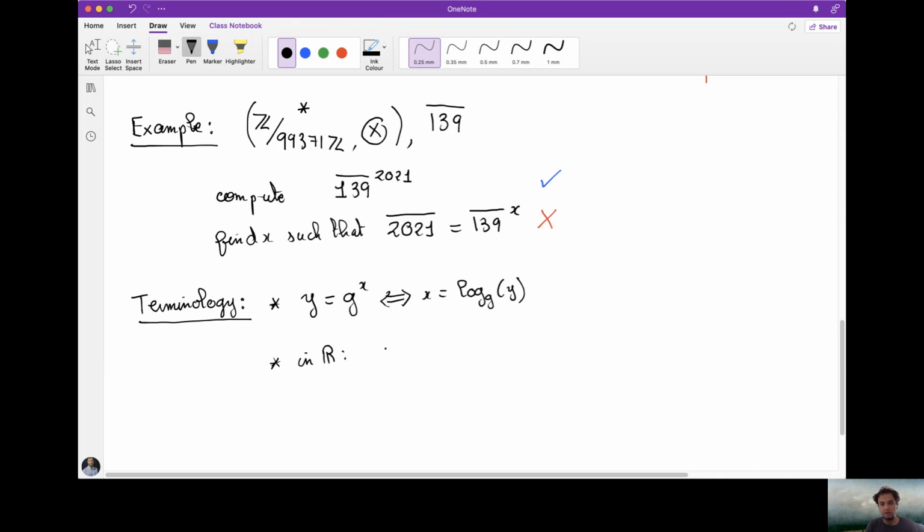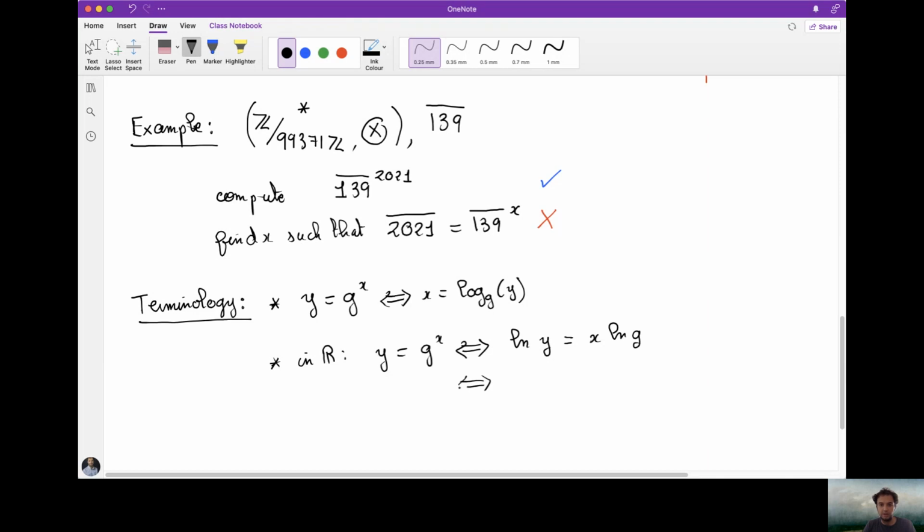So just think what happens in R. If we're doing this in R, the equation y equals g to the power x, well, if you want to solve this and isolate x, you apply a logarithm on both sides, like the natural logarithm, and this is ln of y is equal to x ln of g, right?